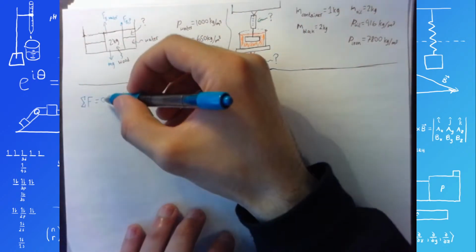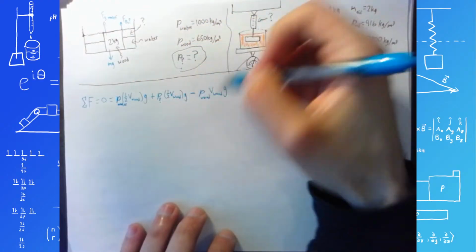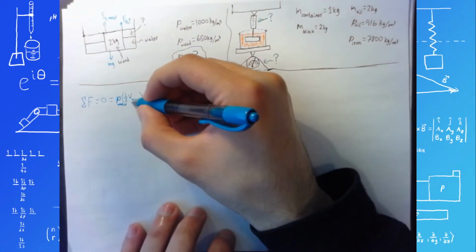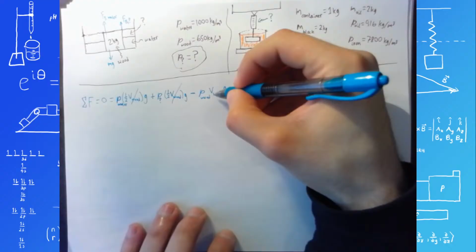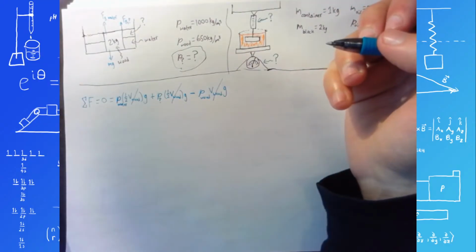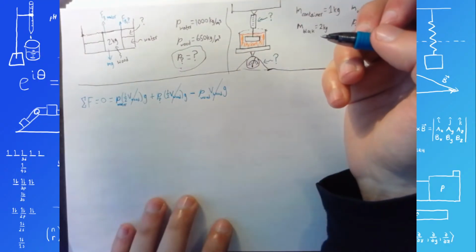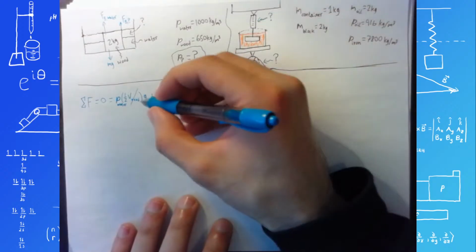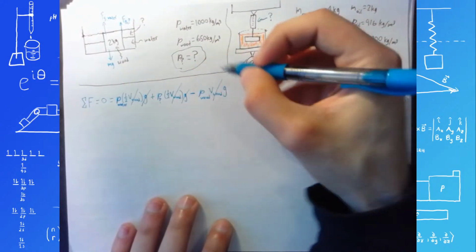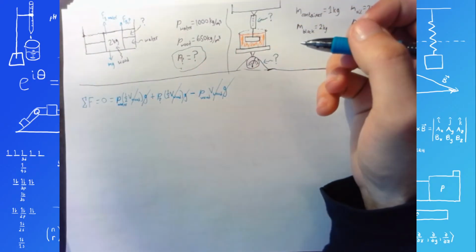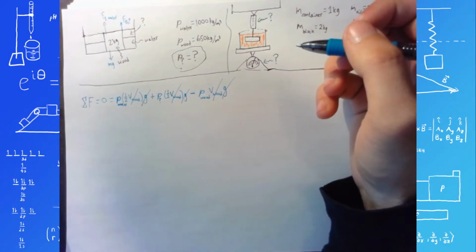And now, since this is a 0 over here, you can divide everything by v wood, and the volume of the wood block doesn't actually matter. And also you can divide everything by g, so the g also doesn't matter. It doesn't matter what planet you do this experiment on.